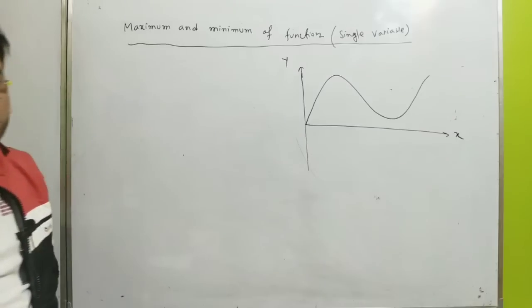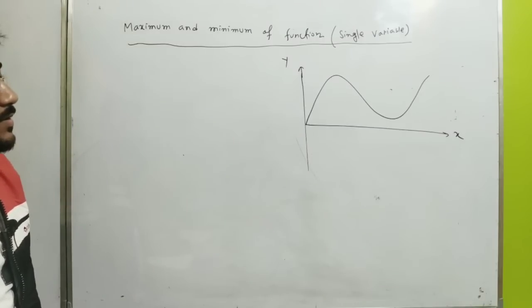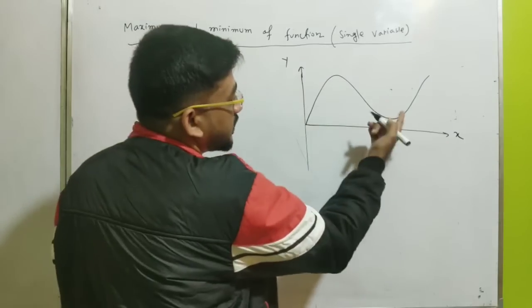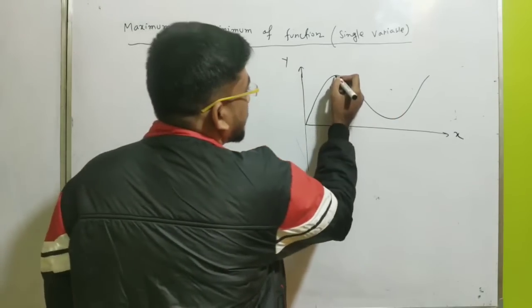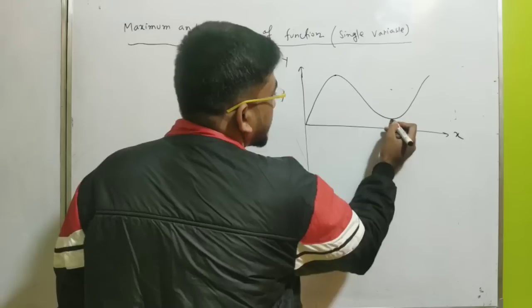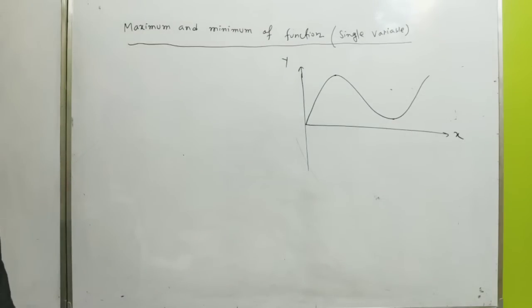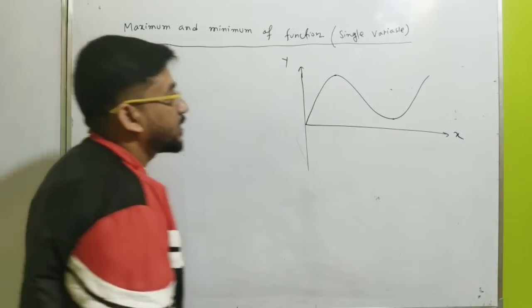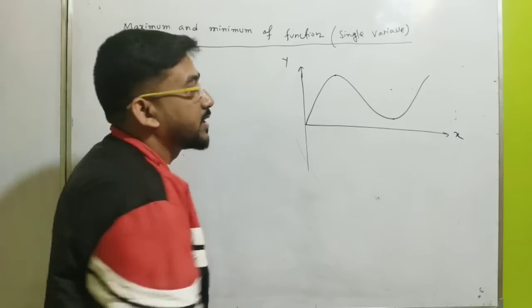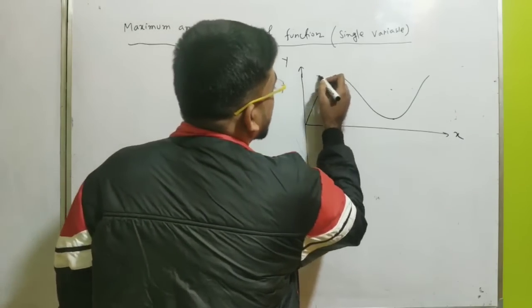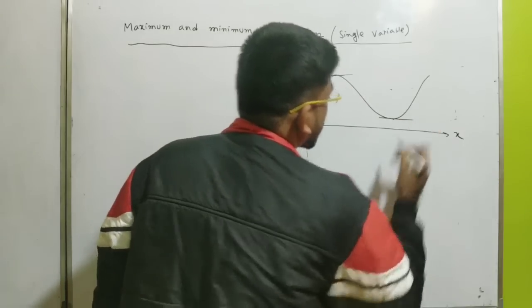Now you can see a very obvious situation: this is the point where the function has its maximum value and this is the point where the function has its minimum value. And you can see easily that at the maximum and minimum points, the slope of the function is parallel to the x-axis.